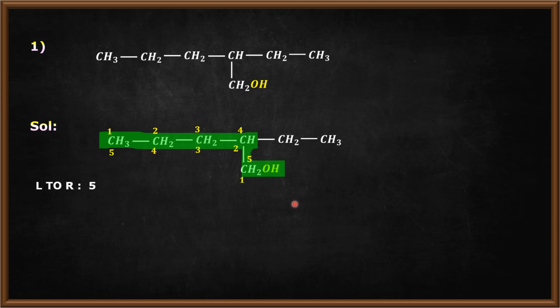Let us see here. Left to right, the locant is 5. That is, if the numbering is done from left to right, the fifth carbon atom is attached to the OH group. From right to left, the locant is 1. That means if numbering is done from right to left, the first carbon atom is attached to the OH group. So this one is the wrong way of numbering, this one the correct way of numbering.